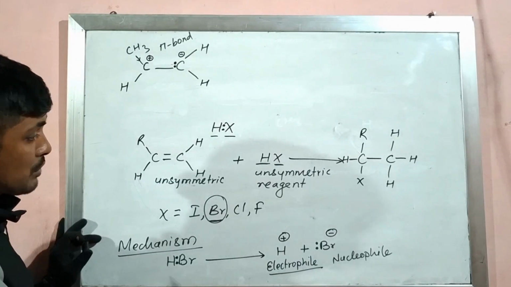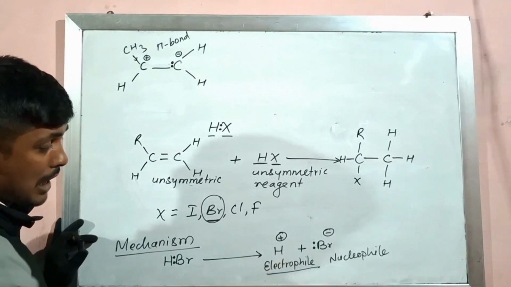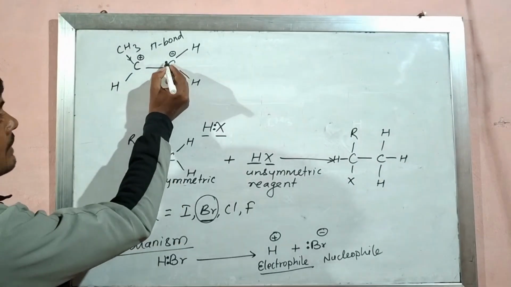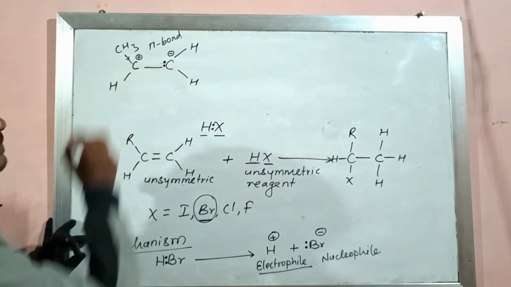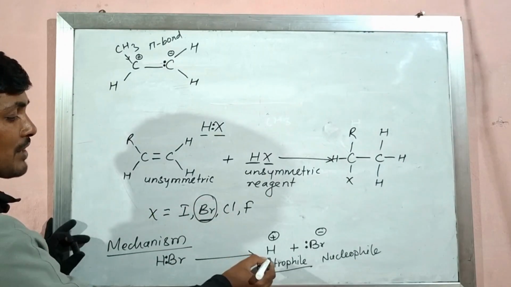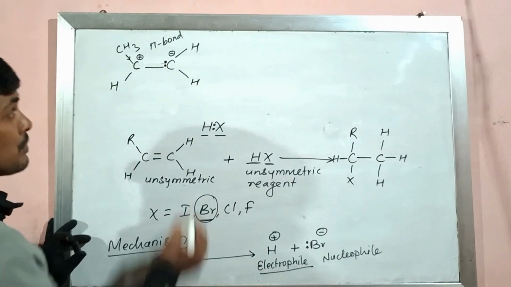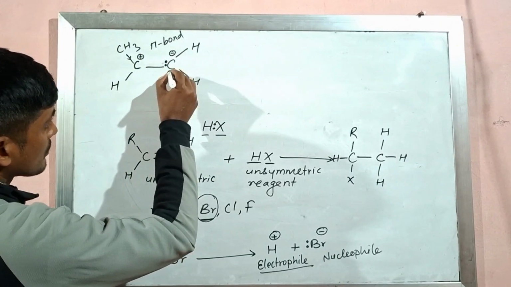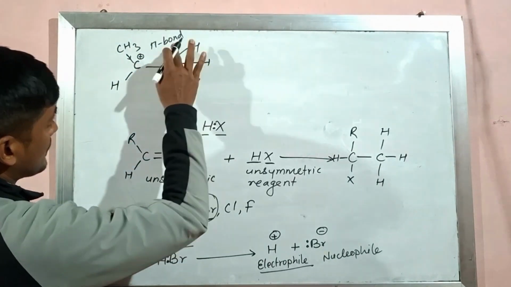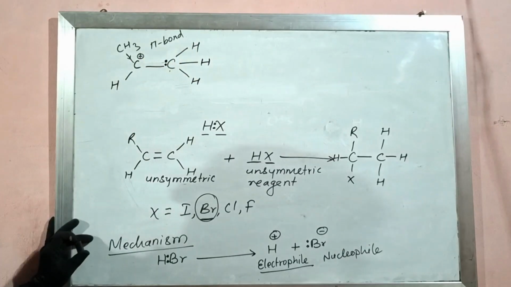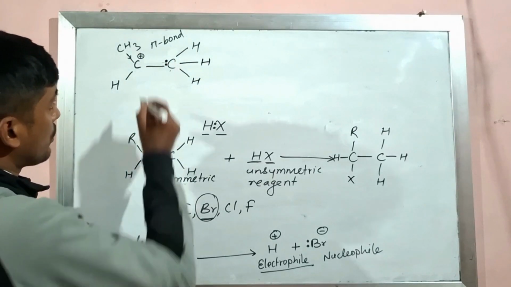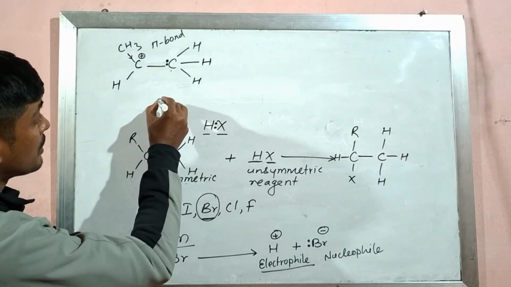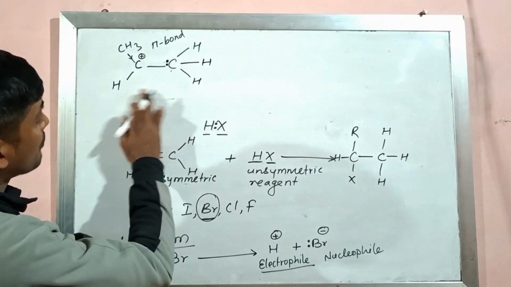Now, as we know, this hydrogen ion, the H plus ion or electrophile, which is searching for electrons, finds that electrons are available on this carbon. So this H plus ion attacks this carbon and gets connected here in this step, due to which a carbocation is formed here.